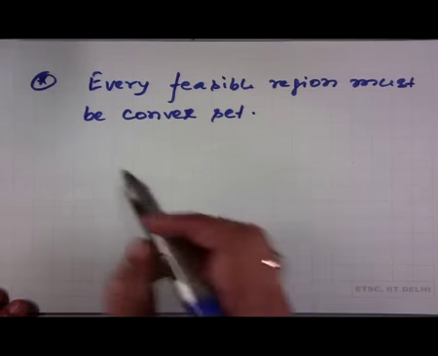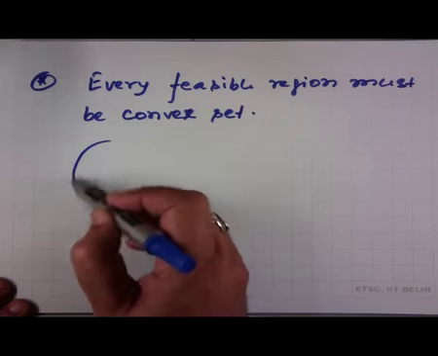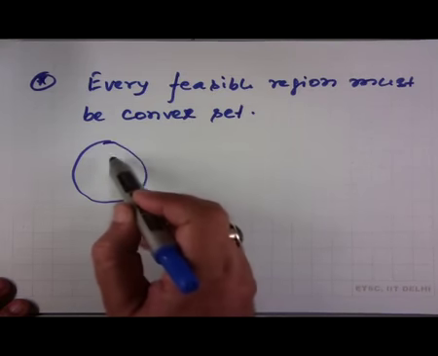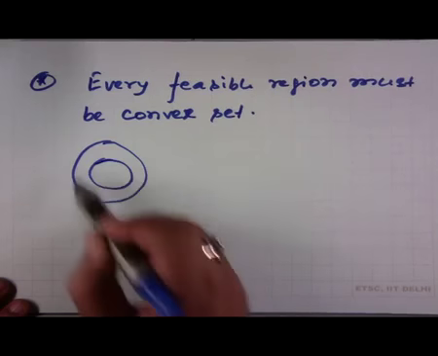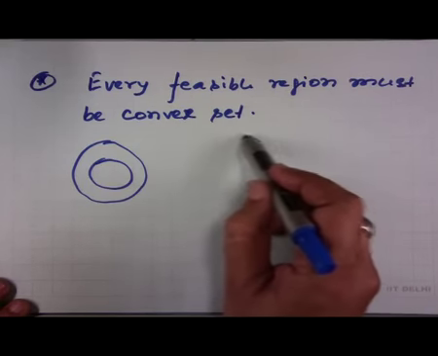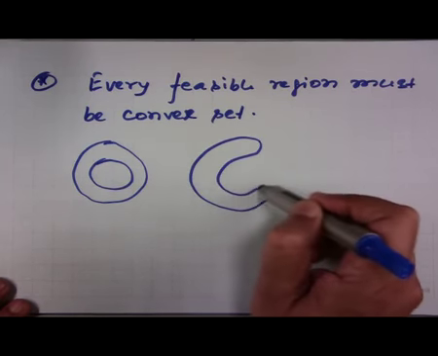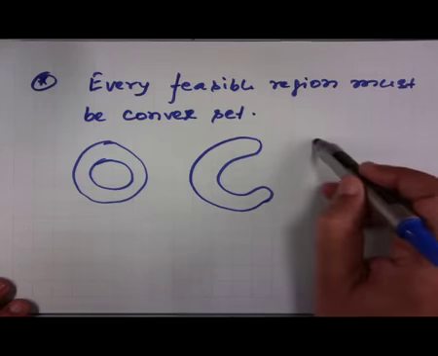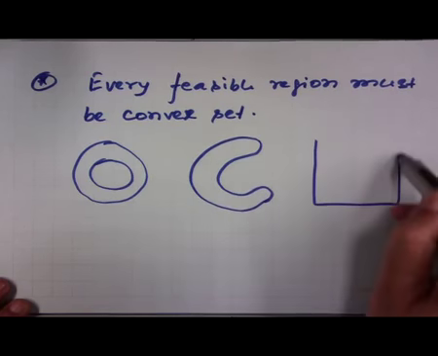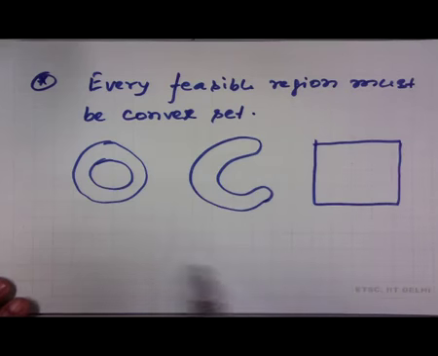It means, suppose you consider these some different types of regions.